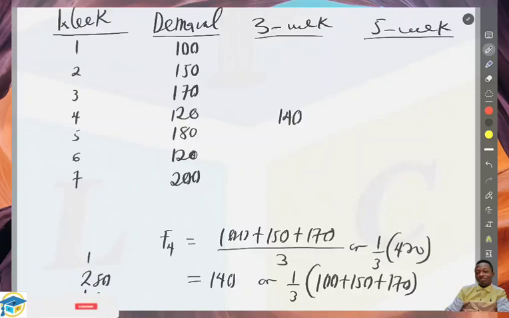So that is going to be coming from week 4, week 3, and then week 2. But these are the most recent data based on the number you are giving here as a weight that you're going to place on the past data, right? Which takes into account the most recent data. So in forecasting for week 5, we make use of week 4 data, week 3, and then that of week 2.